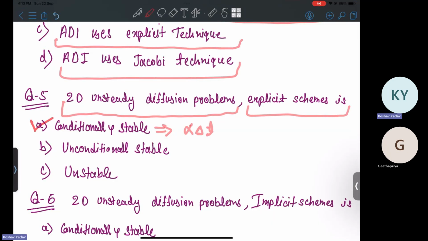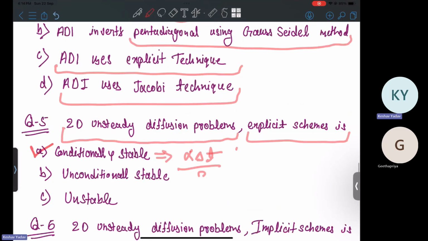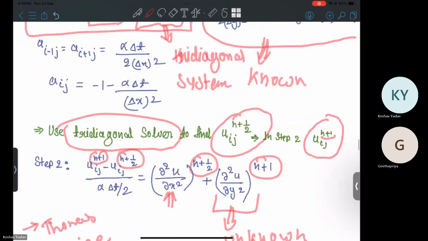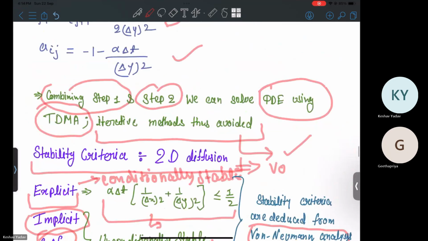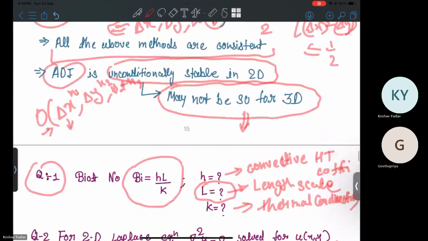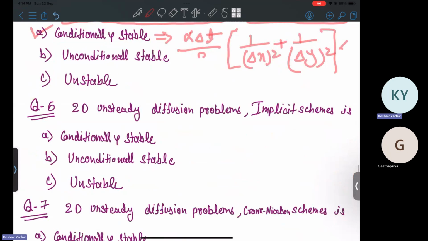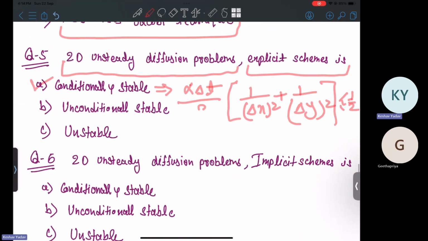Alpha delta t upon delta x square plus delta y square... I forgot the value. Yeah, this should be less than or equal to half. Okay.